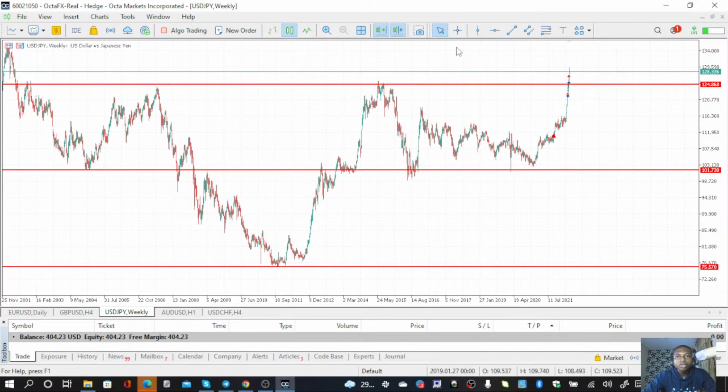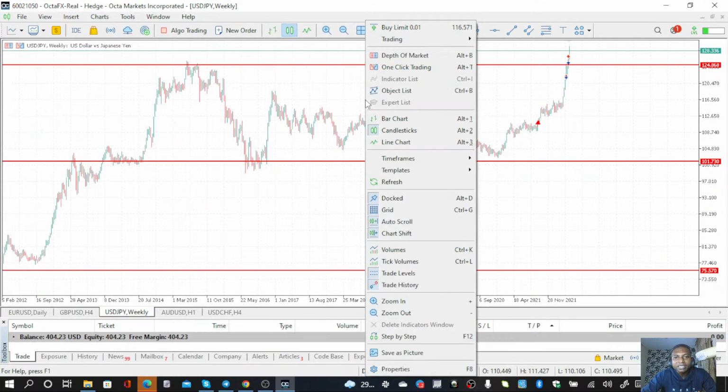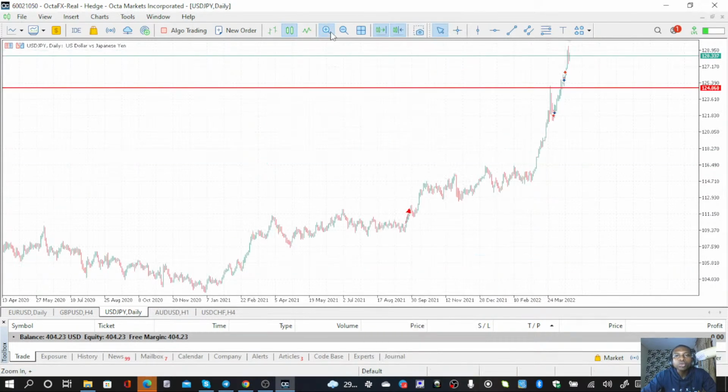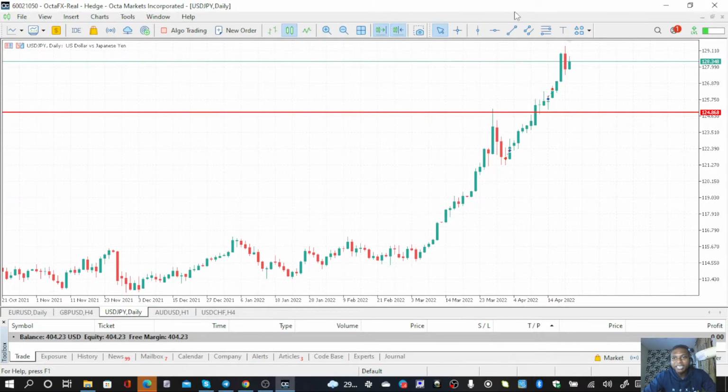So now what do we expect? Let's go back to the daily time frame. What do I look out for in this market? What I look out for is quite simple. I look out for the market coming to retest this level, which is now the resistance turned support level, and the inability of the market to break through that level might mean that there would be a push up.